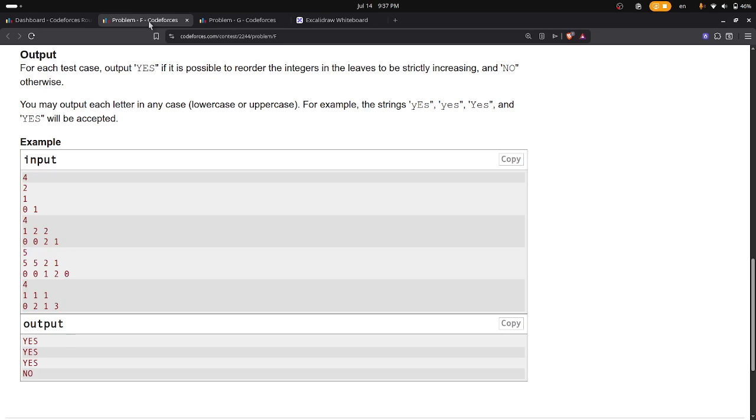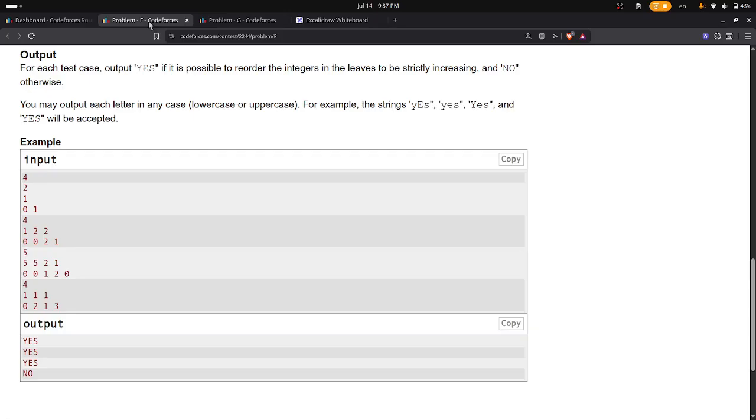Okay, for the third test case we have 2 to 5, or 5 is the parent of 2, right? 5 to 2, and then also 3, then 4 is the parent of 2, then 5 is the parent of 1.